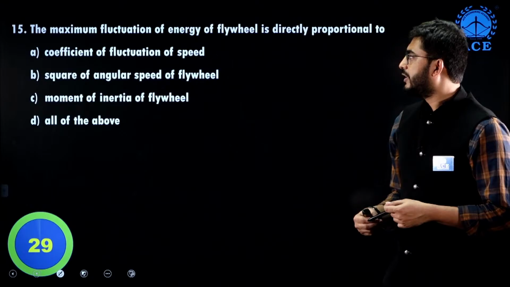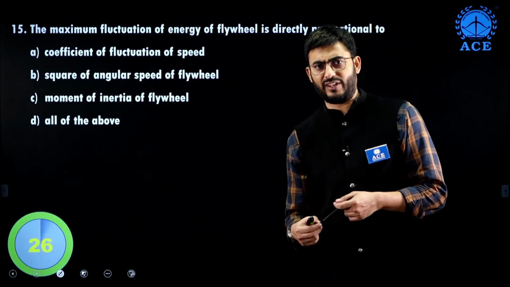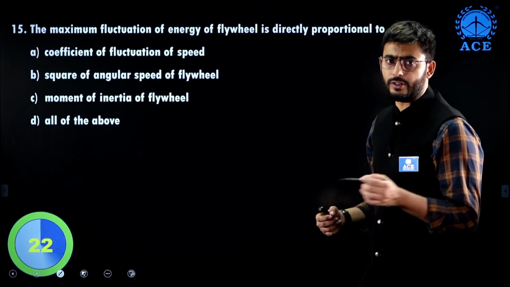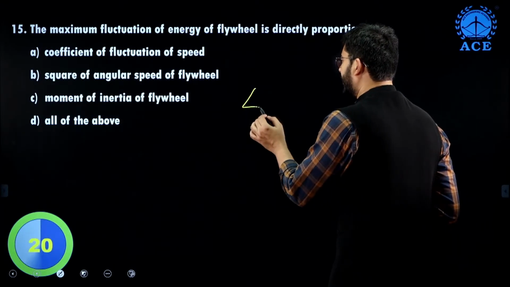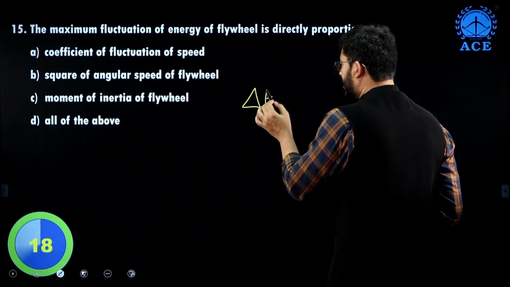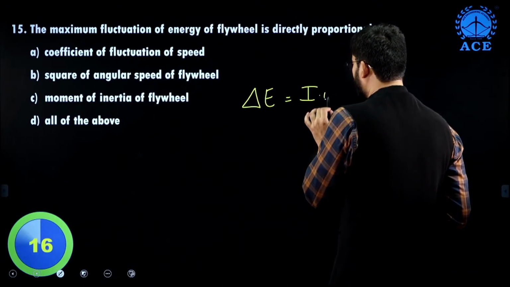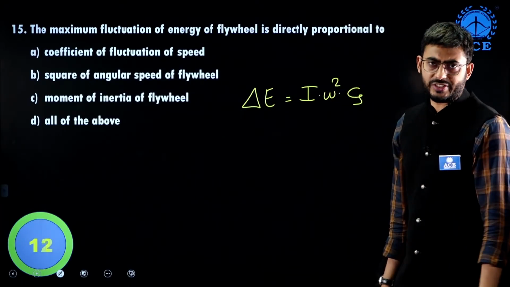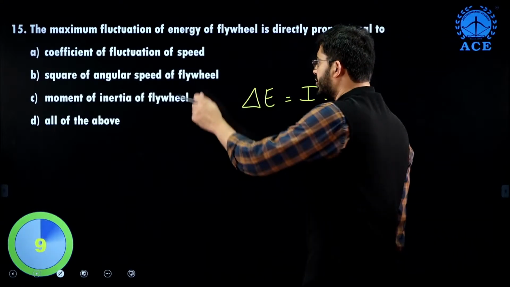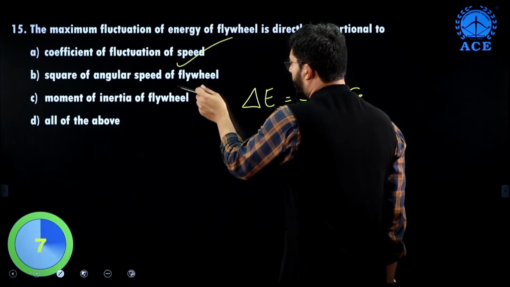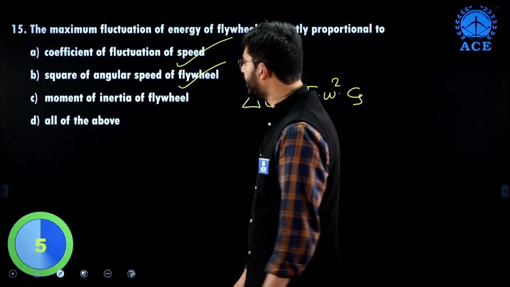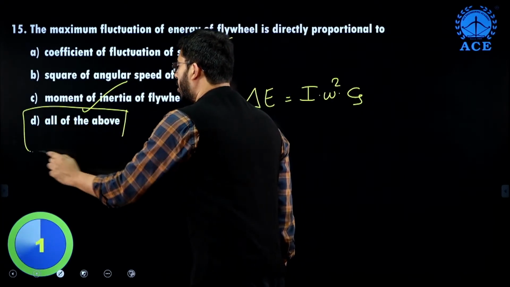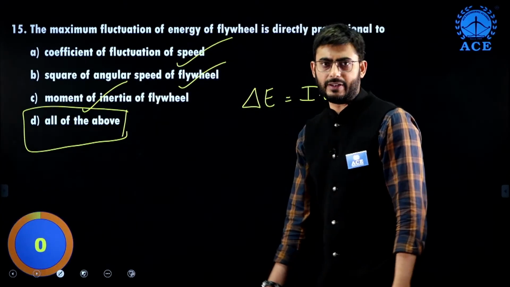Next one, the maximum fluctuation in flywheel is dependent on, so we know this formula very well, that is delta E is equal to I times omega square into Cs. So the maximum fluctuation in energy is dependent on the coefficient of fluctuation in speed, the square of the angular speed of the flywheel and the moment of inertia of the flywheel. So it is dependent on all of the above parameters.